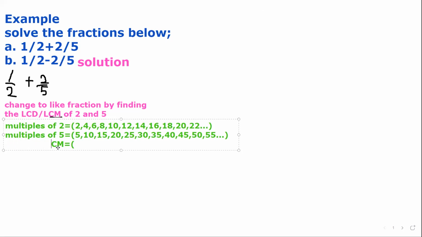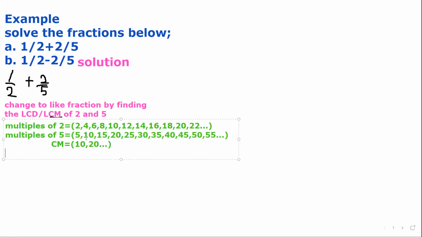So we got 10, followed by 20. And then you put 3 dots, indicating that when you continue, you still get common multiples.